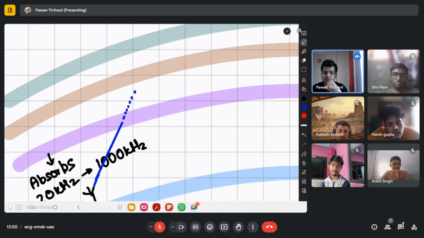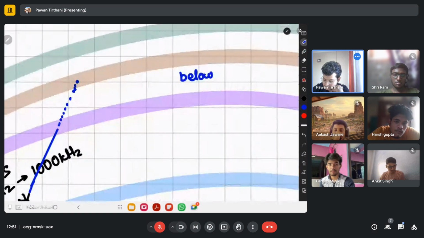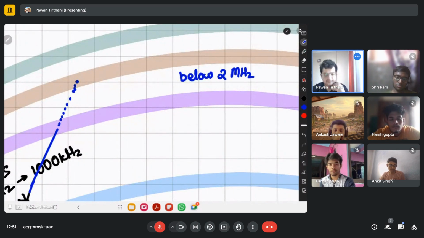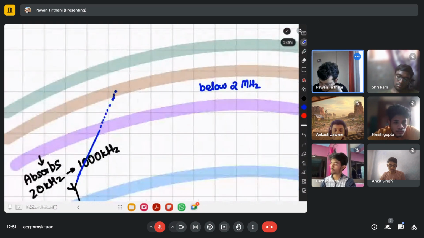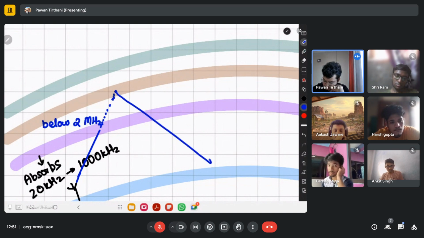It can only reflect those waves which are weaker than it, those below 2 megahertz. Then it tells them to go down.